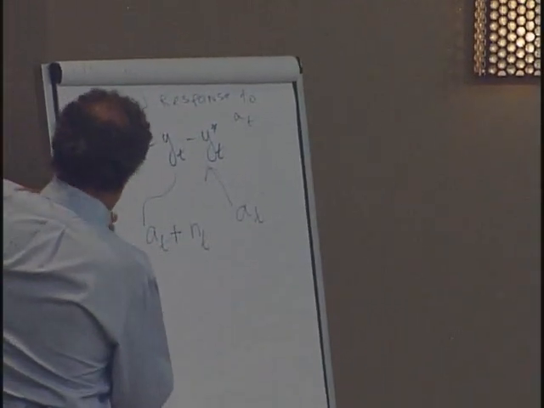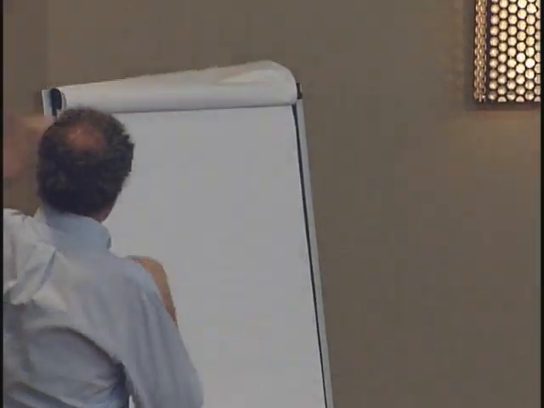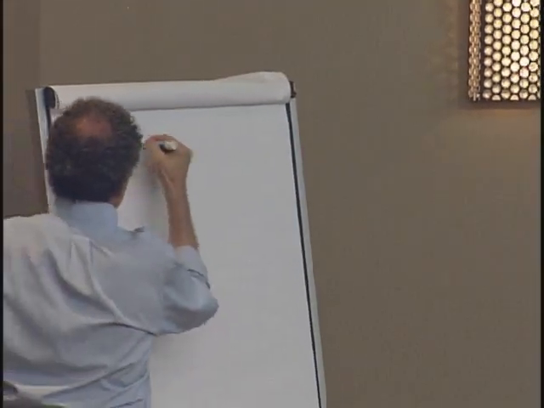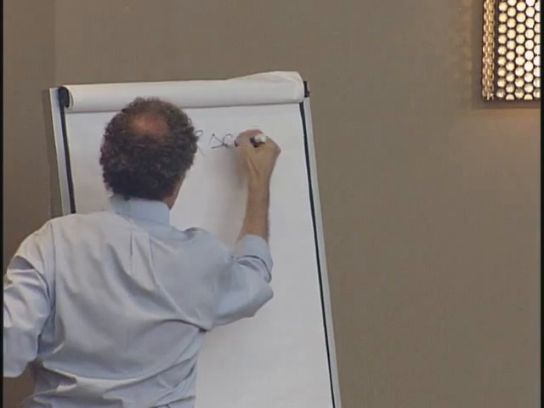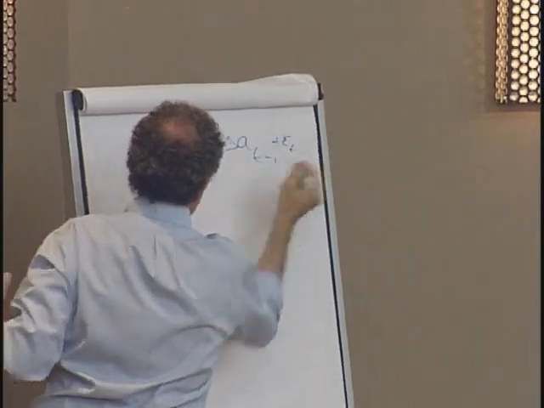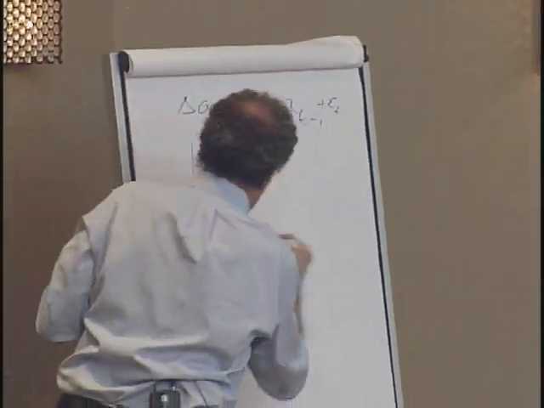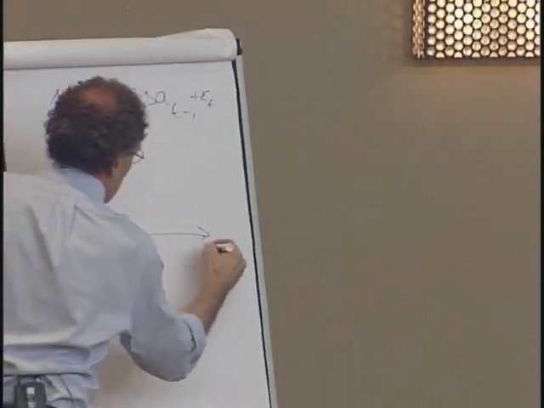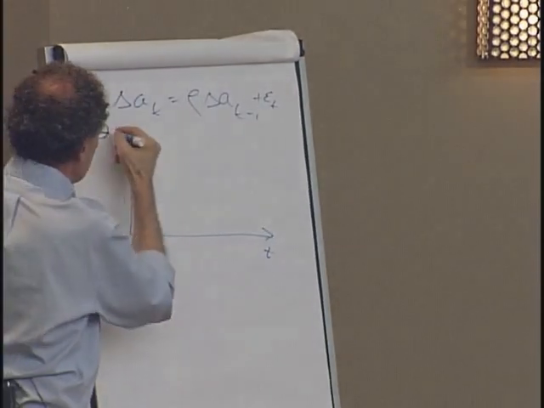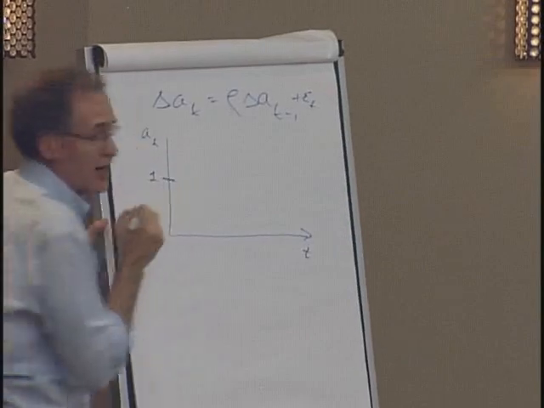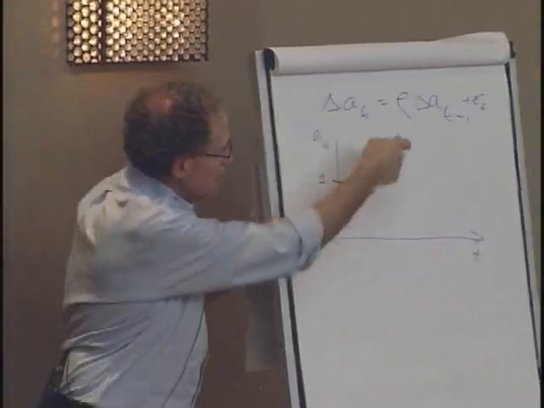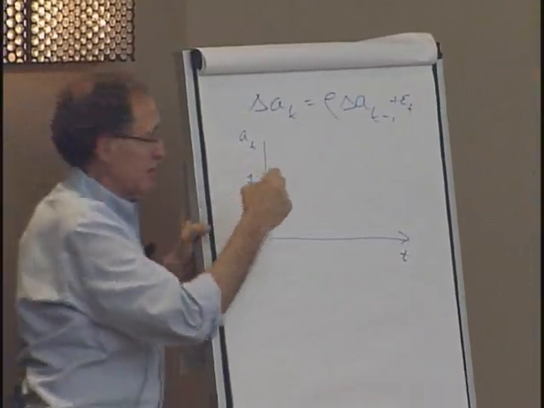So if we look at A here, the model of A that we have right now is this one here. With this model, what happens is when there's a shock, put time over here, put A_t over here. If there's a unit shock to epsilon, that moves up A by 1 unit.